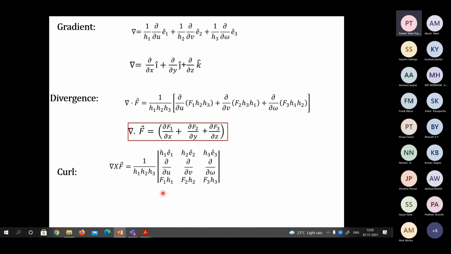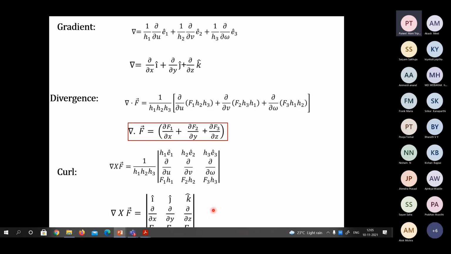You will get curl. I, J, K, dou by dou x, dou by dou y, dou by dou z. H1, H2, H3 are 1. So you will get F1, F2, F3 only. Determinant of I, J, K, dou by dou x, dou by dou y, dou by dou z, F1, F2, F3. This is our expression for curl in the rectangular coordinate system.